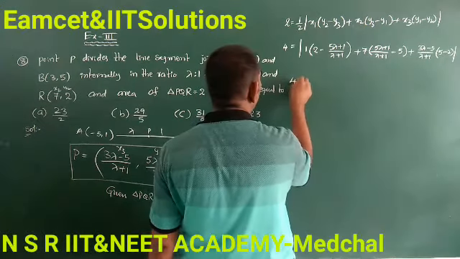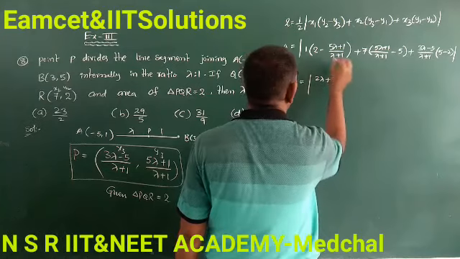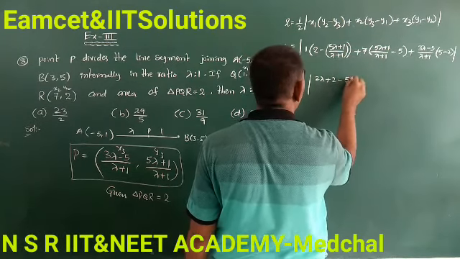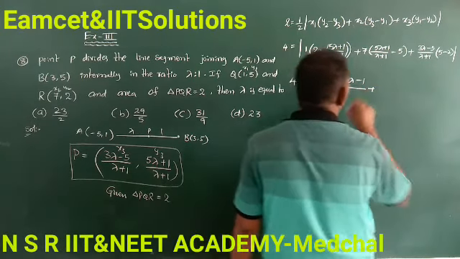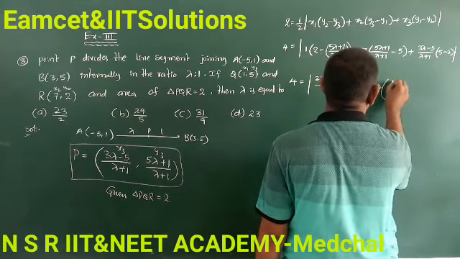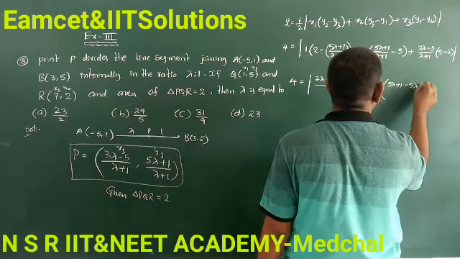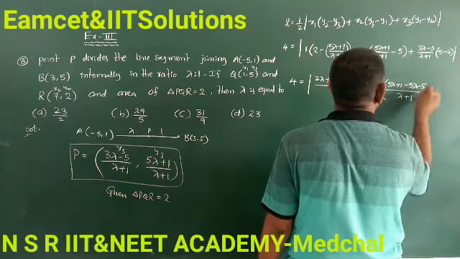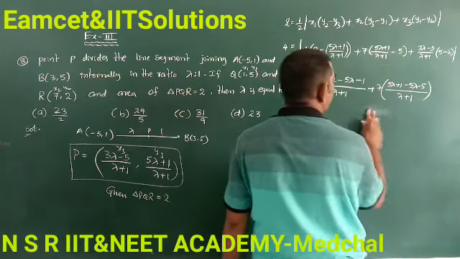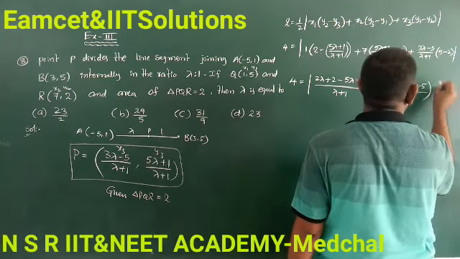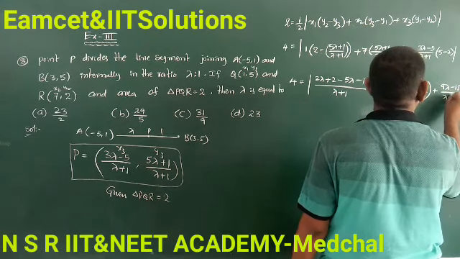So 4 equals lambda multiplied by 2 lambda plus 2 minus 5 lambda, minus into minus plus 1 by lambda plus 1, plus 7 into (5 lambda plus 1 minus 5 lambda minus 5) by lambda plus 1, plus 5 minus 2, 3 into (3 lambda) 9 lambda minus 15 by lambda plus 1.